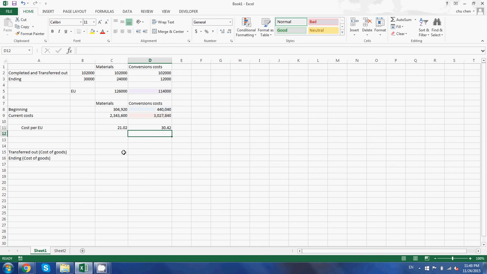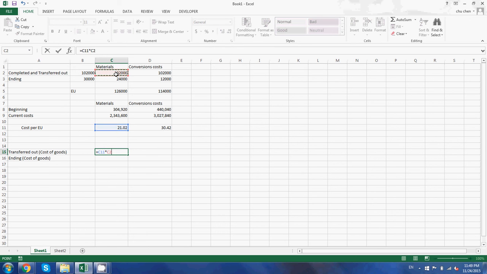The last part, we need to calculate the cost of goods for transfer out and the cost of goods for endings. For the first one, we need to find out the transfer out. For the materials part, it's this, the equivalent units for materials. For the conversion cost part, it's this times the equivalent units of conversion costs.